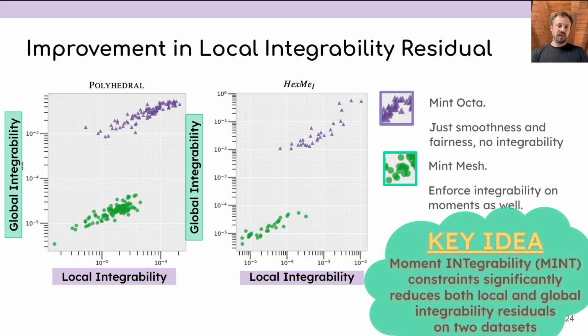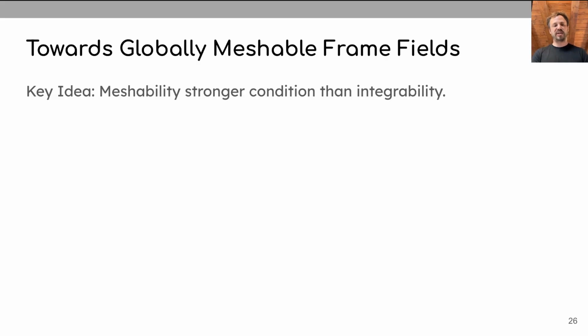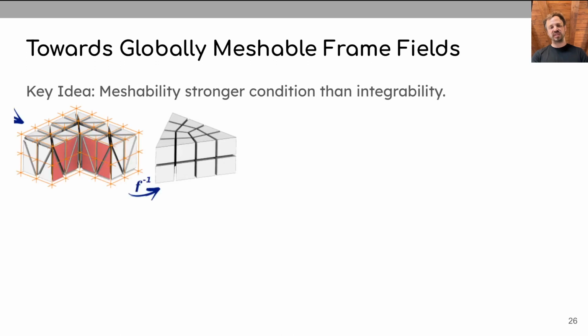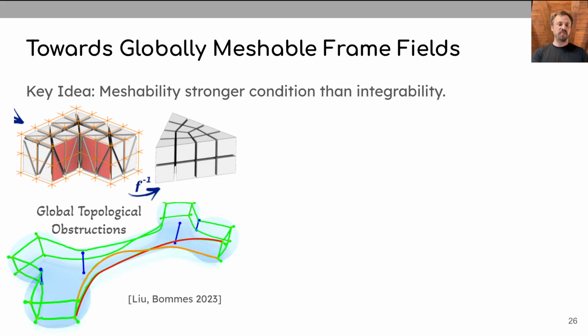And so it still doesn't really resolve the question of this volumetric parameterization. How do you globally generate, how do you generally obtain a hex mesh robustly? One of the problems which still remains is these global topological obstructions.